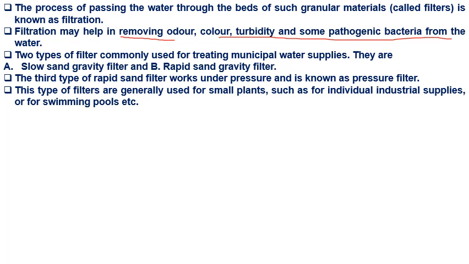The third type of rapid sand filter works under pressure and is known as a pressure filter. This type of filter is generally used for small plants such as individual industrial supplies or swimming pools, etc.